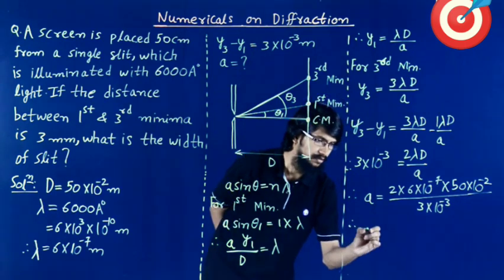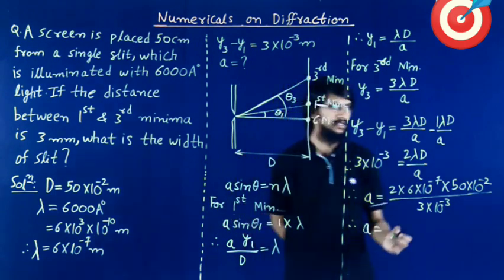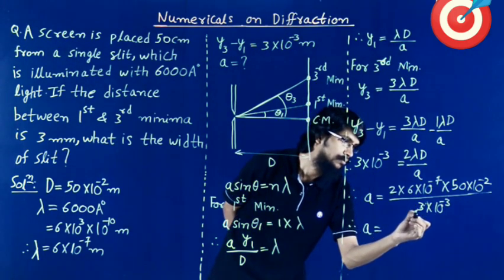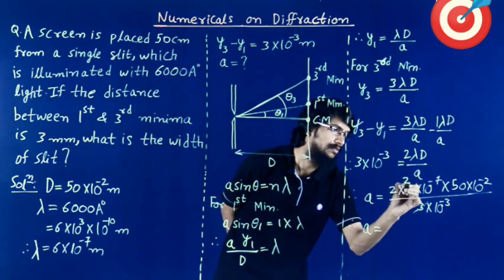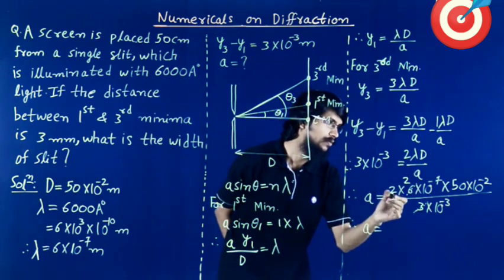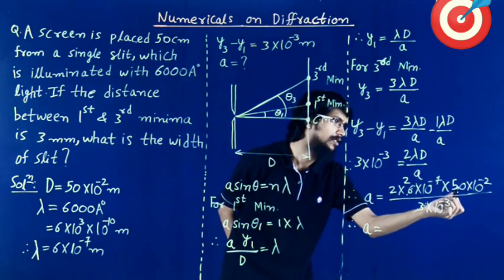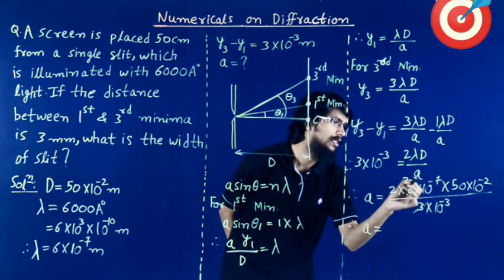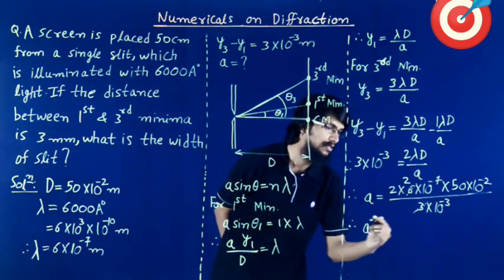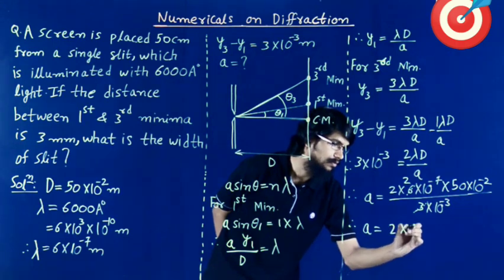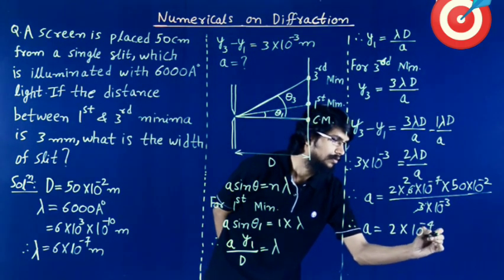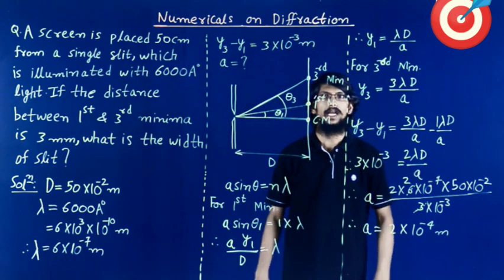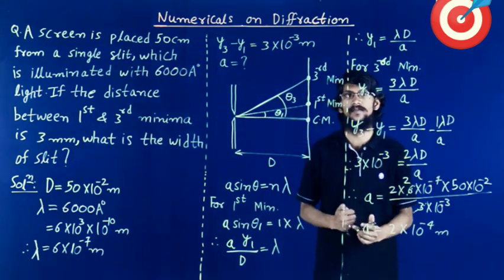Let's simplify this. 3 cancels, and 2 into 50 will give you 100, into 10 raised to power minus 2, which cancels. We will be left with 2 into 10 raised to power minus 7 upon 10 raised to power minus 3. So finally we write A equal to 2 into 10 raised to power minus 4 meter, or you can also write it as 0.2 millimeters. I hope you have understood this numerical. Thank you.